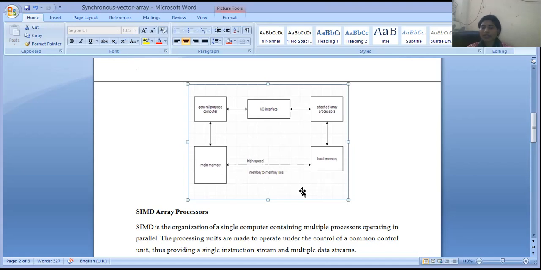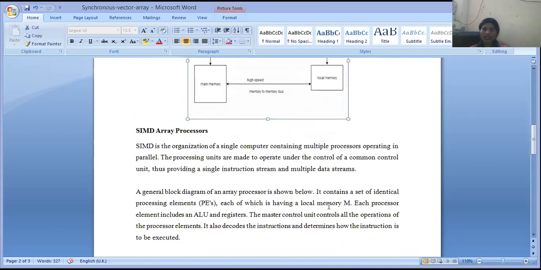The bus is used to carry data from one place to another. So this is the basic diagram of the attached array processors. Now, what are SIMD array processors?